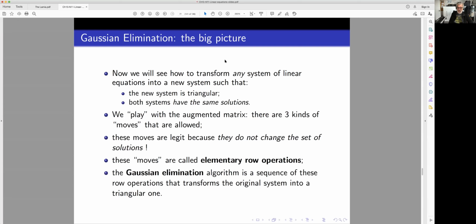And Gaussian elimination is applying these elementary row operations in a certain order to go from our original system to a triangular system. That's basically what it is. And hence the name elimination. We're eliminating variables in the description of the system, right? So that's the idea.